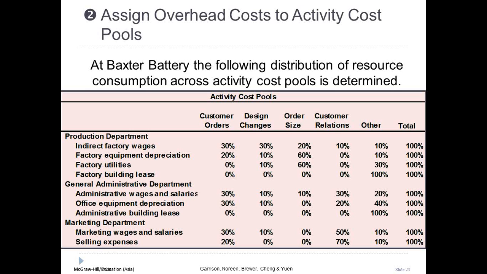Also note that 100% of the factory building lease is allocated to the other activity. Since Baxter has a single production facility that it does not plan to contract or expand, the lease cost is an unavoidable organization sustaining cost.